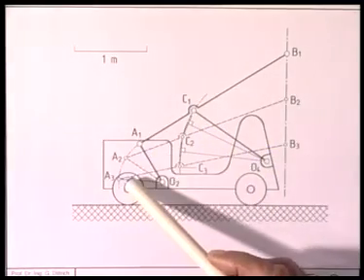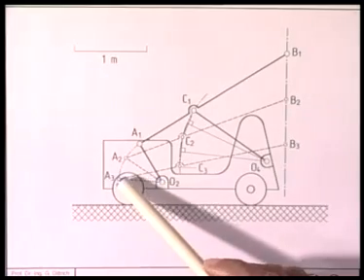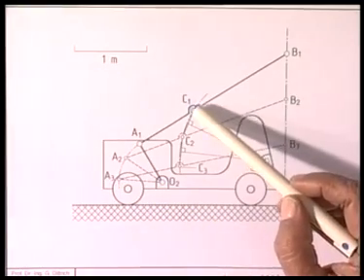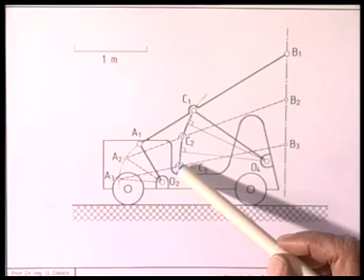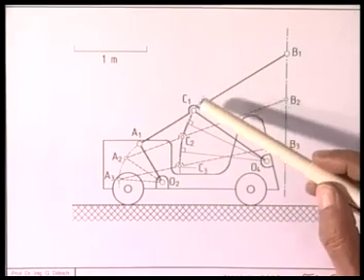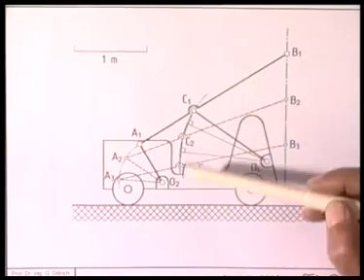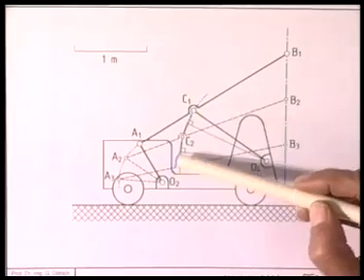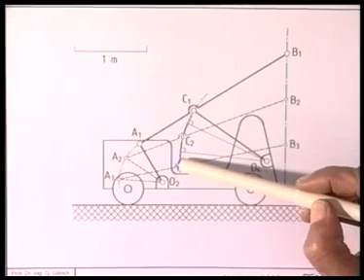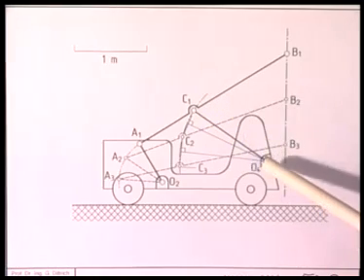Similarly, in the third configuration, O2A3B3, I find the corresponding location of C and I call it C3. Then I can always draw a circle through these 3 points, namely C1, C2, C3, and the center of this circle is at O4.